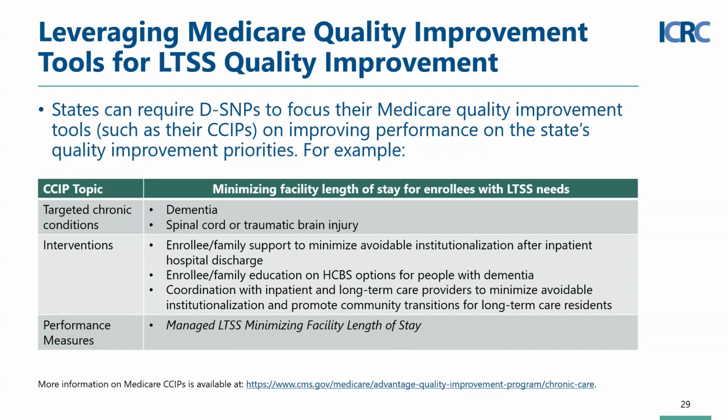The chronic care improvement project's interventions include enrollee and family support to minimize avoidable institutionalization, enrollee and family education on HCBS options for people with dementia, and coordination with inpatient and long-term care providers to minimize avoidable institutionalization and promote community transitions. This chronic care improvement project uses the Manage LTSS minimizing facility length of stay measure to assess performance. Slide 30, please.